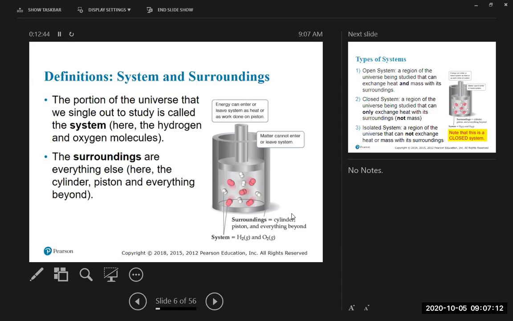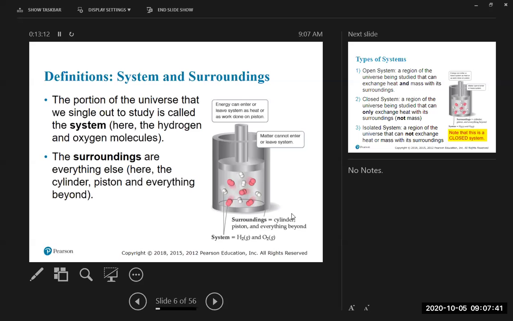Hopefully everyone knows what a piston is, but in this case, it's a closed, sealed up container with some gas in it. And then the round thing with the long shaft is the piston, and that can go up and down. And so in there, you see hydrogen molecules and oxygen molecules. So in this case, the system is the hydrogen and oxygen molecules. That's what we're studying.